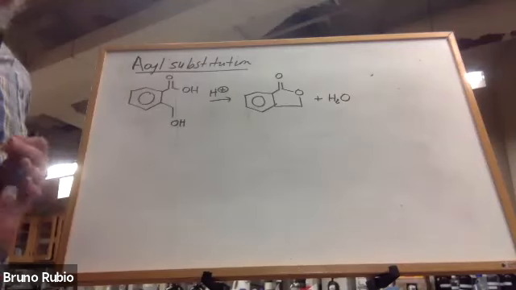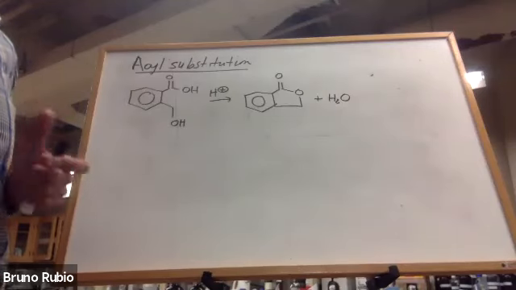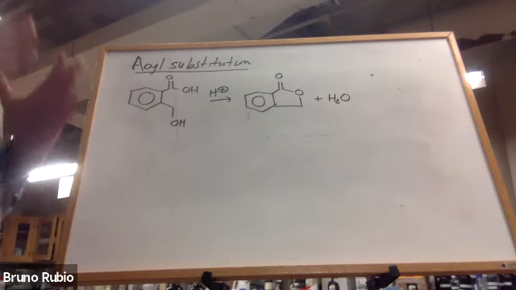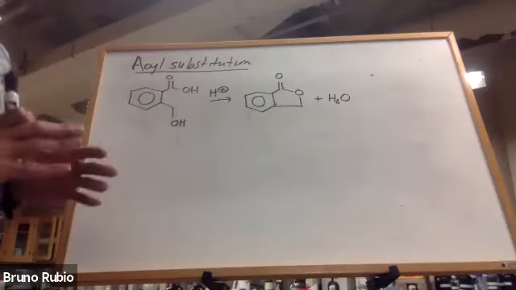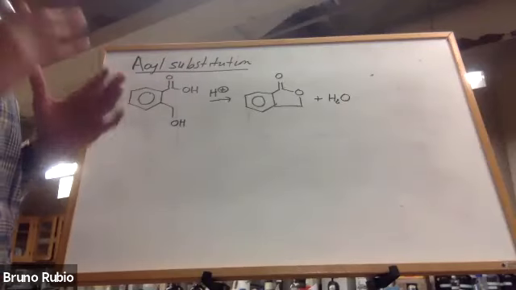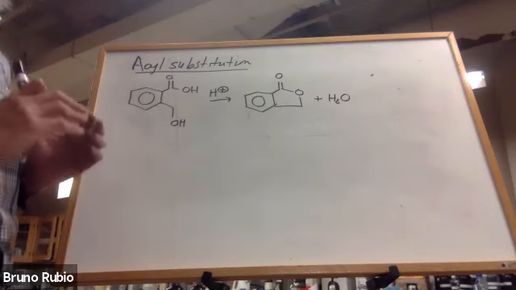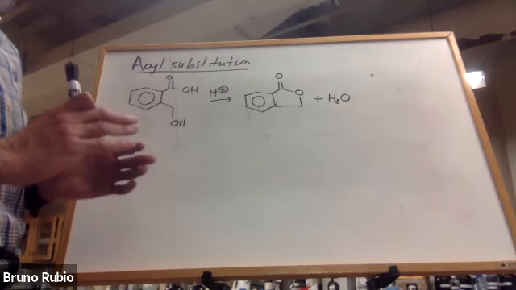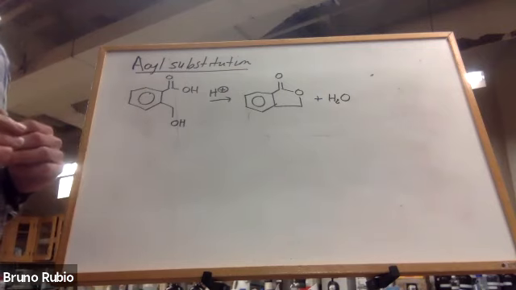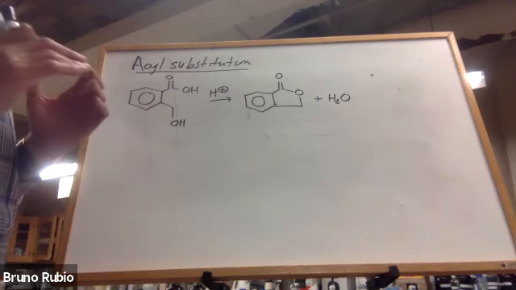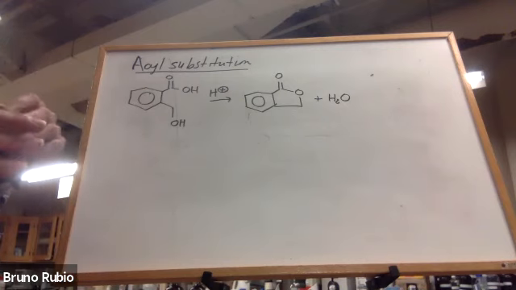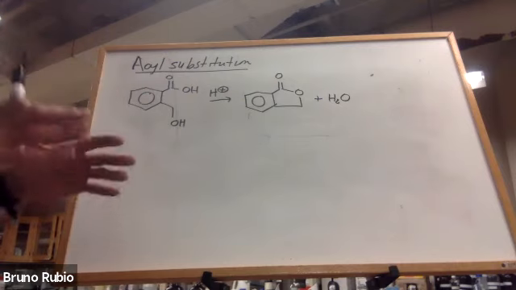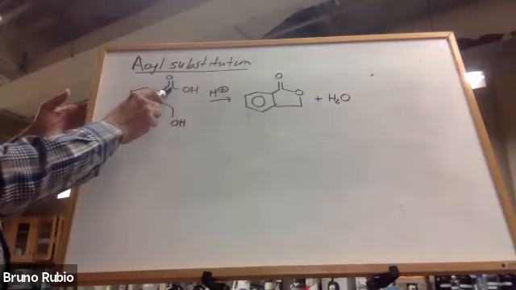Okay, so let's write a mechanism. One of the things that we've said quite a lot is that anytime we see a carbonyl compound sitting around in acid conditions, usually the first thing that happens mechanistically is what? Protonation of the carbonyl oxygen, followed immediately by attack on the carbonyl carbon by the nucleophile. So we can take that saying that we repeat so frequently to the bank again, because there's a carbonyl compound.